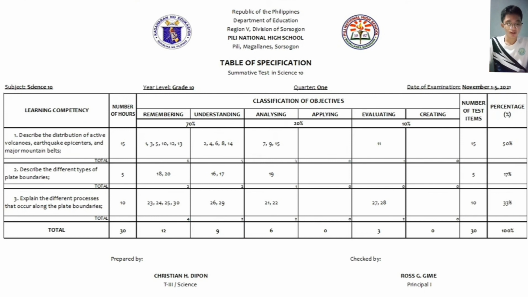I got this one from the internet. First we have the distribution of number of hours.